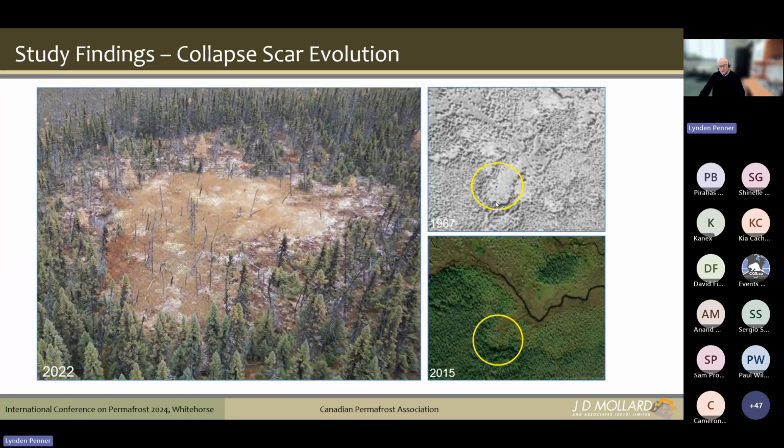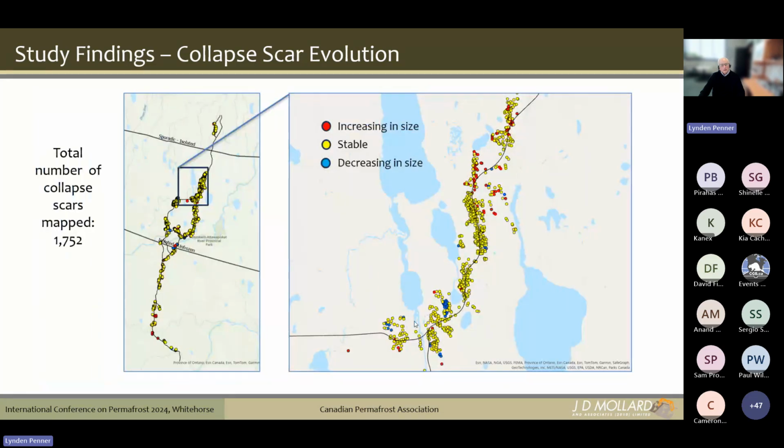There's other collapse scars that we identified that have become treed. And so we mapped 1,700 collapse scars along our project and looked at two sets of imagery that were about 60 years apart, to see whether those collapse scars were increasing in size, stable, or decreasing.